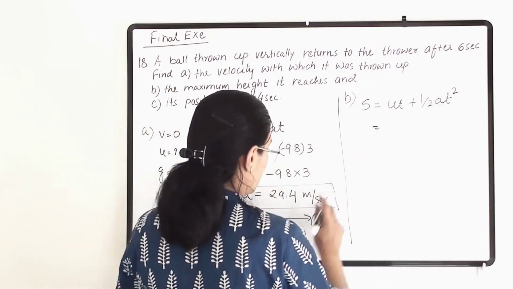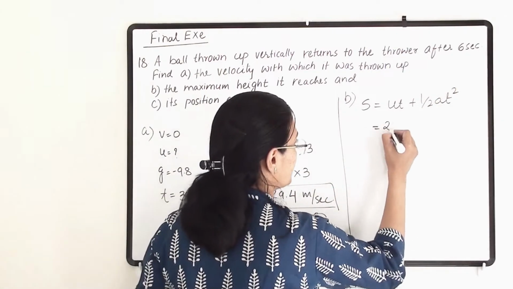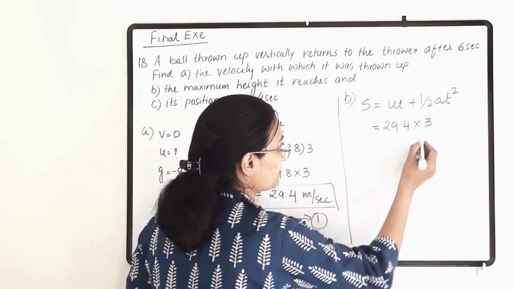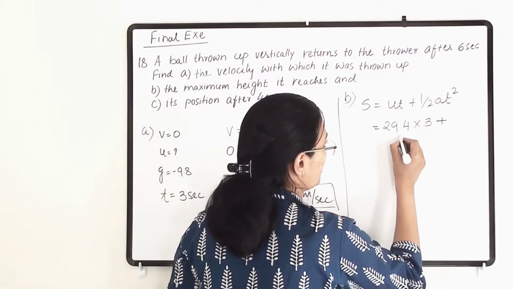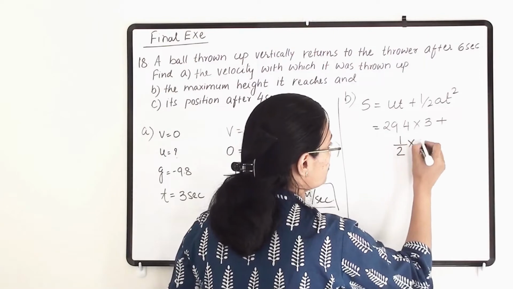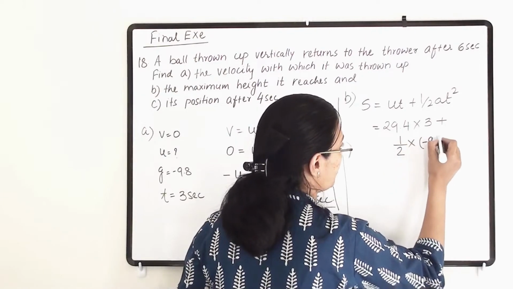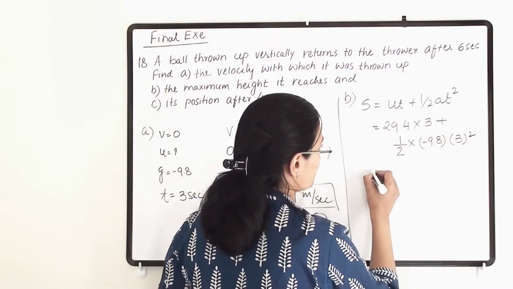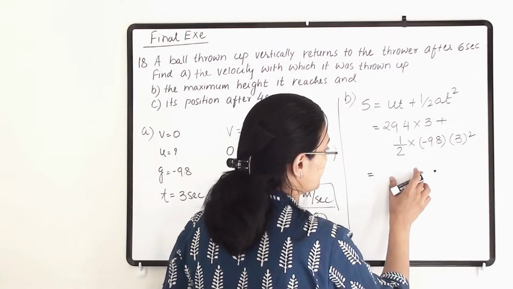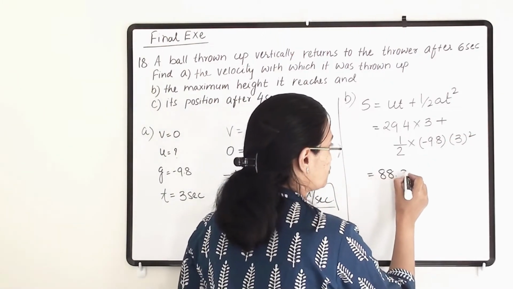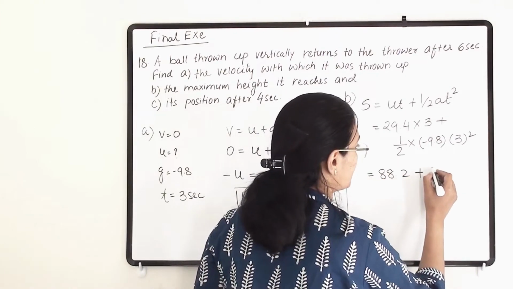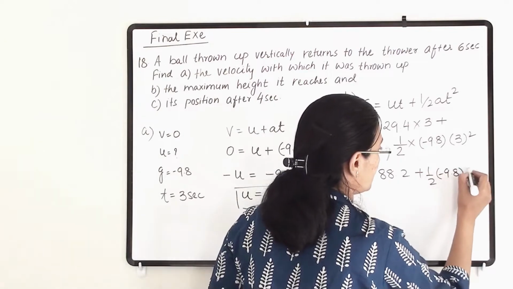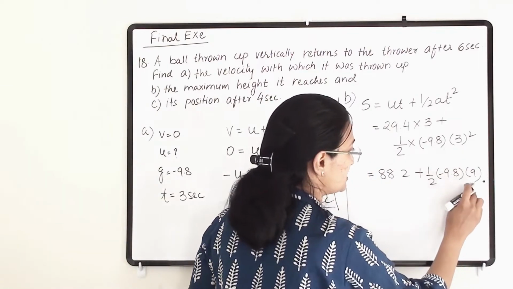Now initial velocity we know that it is 29.4, time we know that it is 3, then plus we are going to write 1/2 into minus 9.8 into time is 3, and that too squared. So once we solve this, we will get here 88.2 plus we will get here 1/2 minus 9.8 into 9. 3 into 3 is 9.